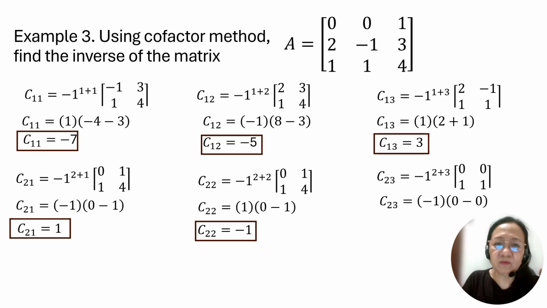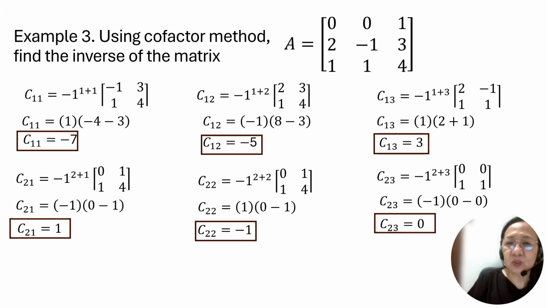We have to simplify the result. So 2 plus 3 is 5, and 5 is an odd number, so that's why we arrive at negative 1 here for the sign. Then 0 times 1 is 0, minus 1 times 0, which is also 0. So 0 times a negative 1 is, of course, 0. C sub 23 is 0.